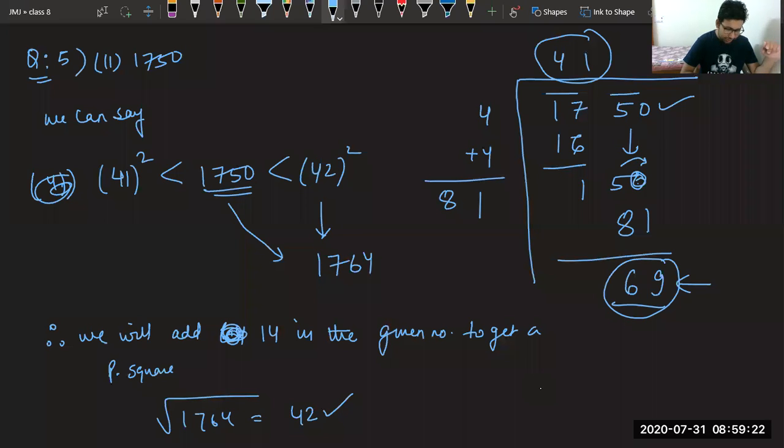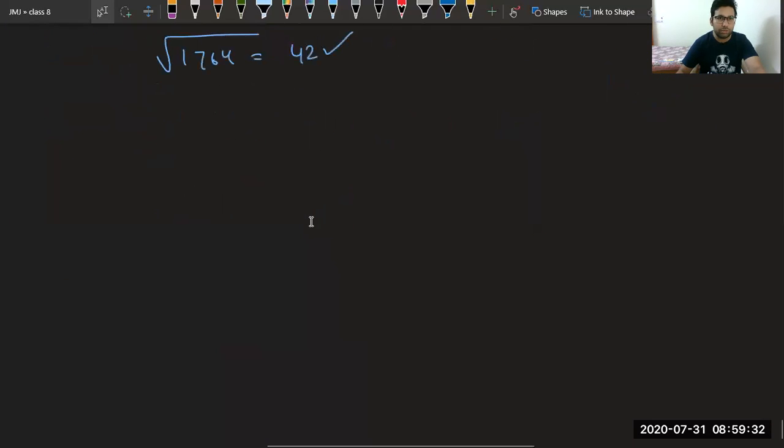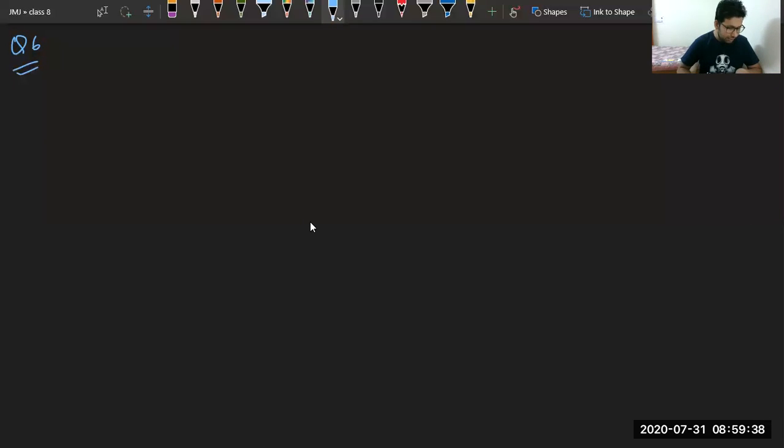Question number 6. In this question, you just need to find the bigger square number and add the difference. Very easy. Find the length of the side of a square whose area is 441 meters square.